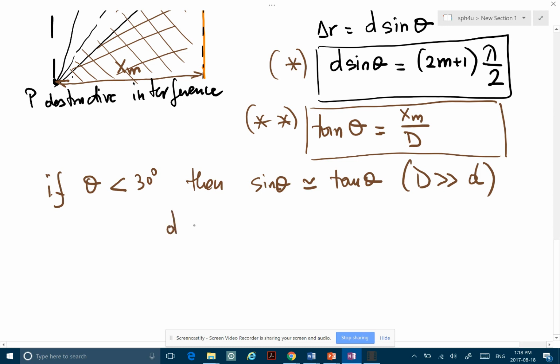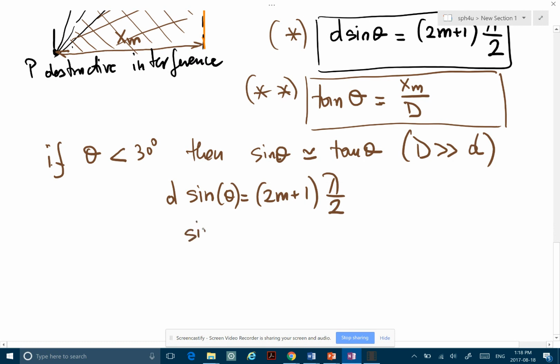In that case, we have, again, d sine theta is equal to (2m plus 1) times lambda over 2. And then we have also sine theta is approximately that distance of the point that we're interested in over the distance from the plane of the sources.